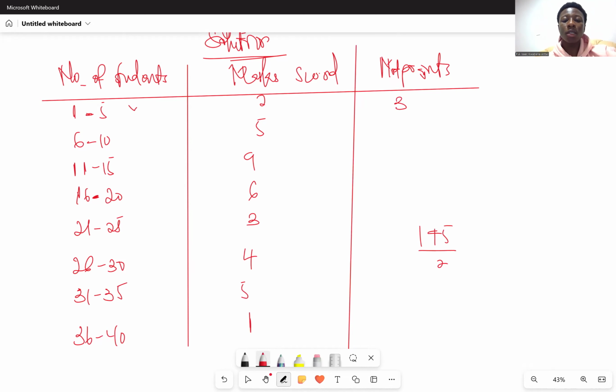So the next one will be 6 plus 10 over 2. 16 over 2. So that will be 8. So the next one, like that.